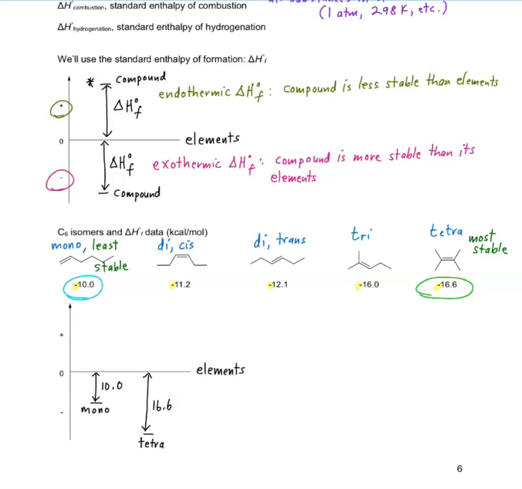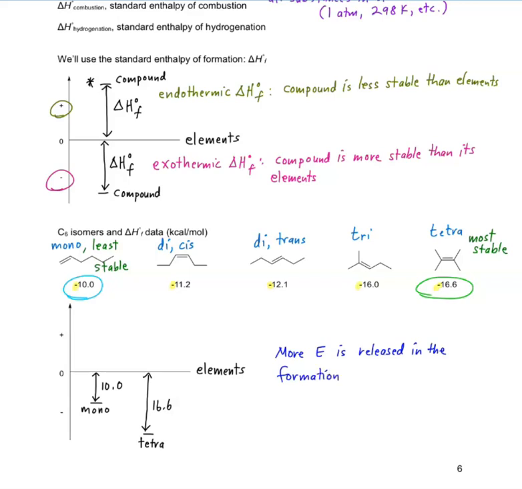So what we can see in the diagram is that more energy is released in the formation of the more stable alkene isomer. That corresponds with a larger negative value of the heat of formation.